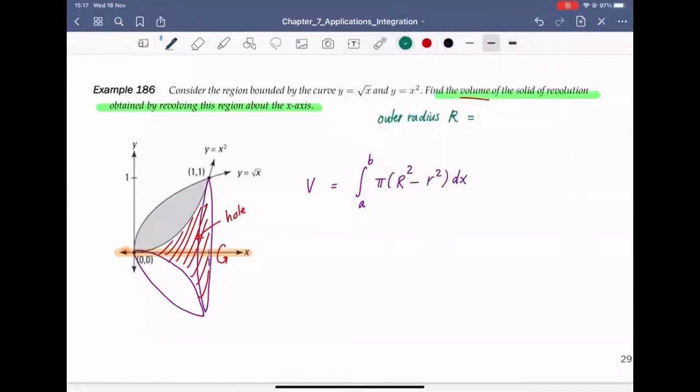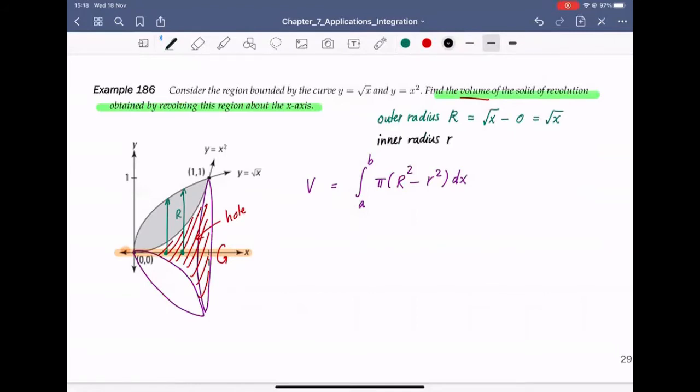The outer radius is going to be the one where you start from the axis of rotation and then go to the outer graph, right? This is your big R. So the big R is going to be square root x minus 0, which is square root x. Does it make sense?